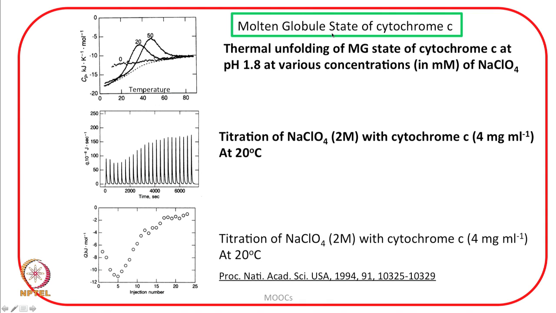Similarly, molten globule state of cytochrome C has also shown cooperative thermal transitions in the differential scanning calorimetry.